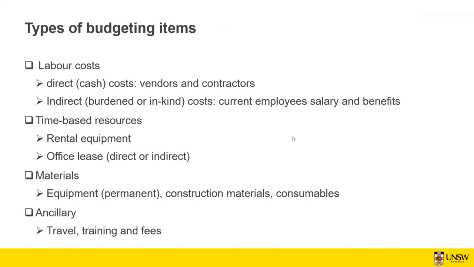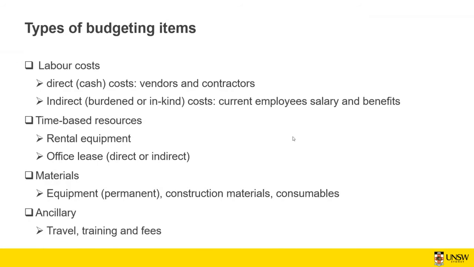You also have time-based resources, which include rental equipment. You rent equipment for a period of time, which can be a week, a month, or a quarter, and also office lease, which can be direct or indirect. Direct means that for a particular project, you need a location and, for the duration of that project, you rent that office, or it can be a warehouse or another kind of location that you rent for your project.